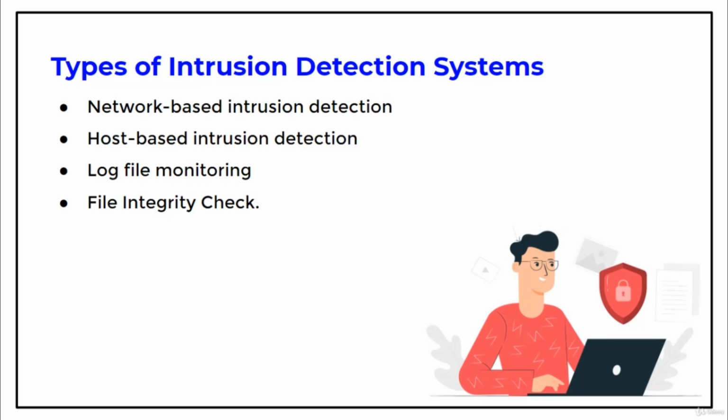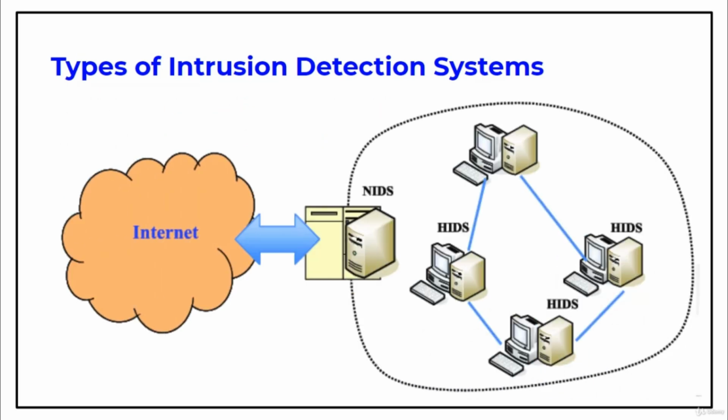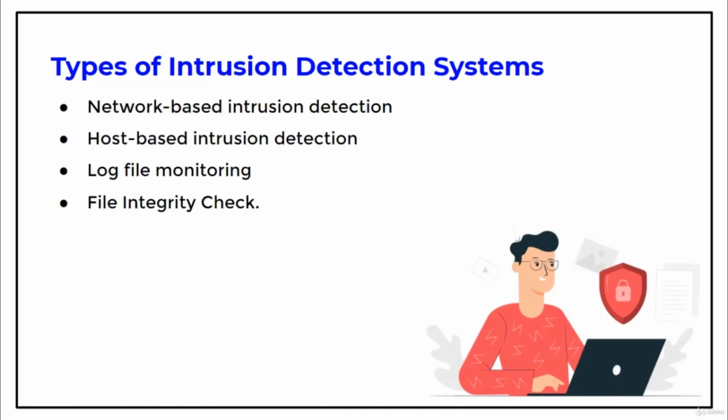The next is host intrusion detection system, that is HIDS. HIDS run on independent hosts or devices on the network. A HIDS monitors the incoming and outgoing packets from the device only and will alert the administrator if suspicious or malicious activity is detected.